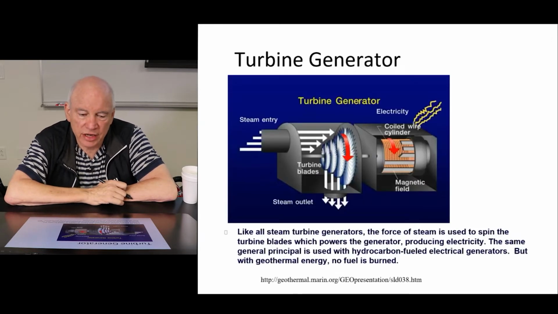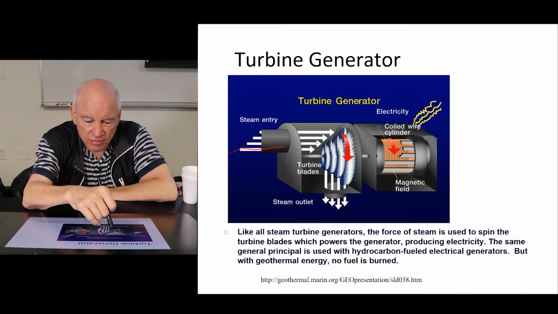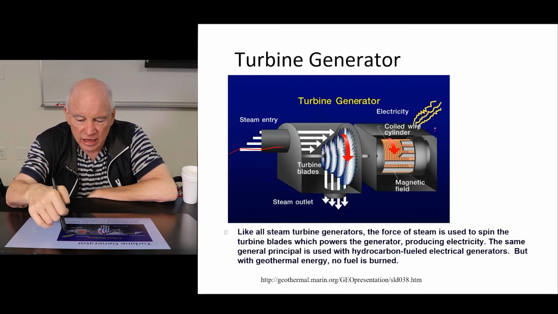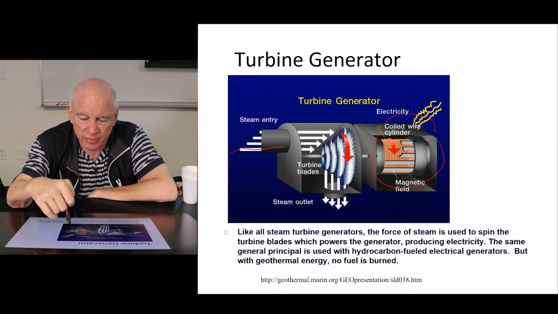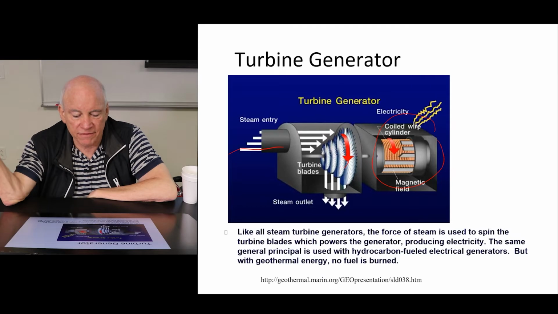So here is a turbine generator. The steam is coming in here, pushing on these blades, which are rotating, and the electricity is produced in here by spinning coiled wires in a magnetic field.